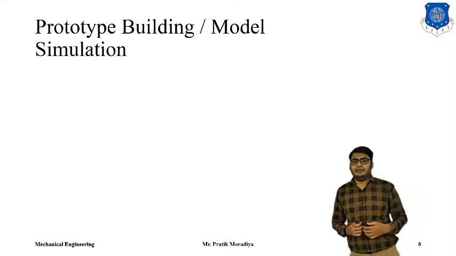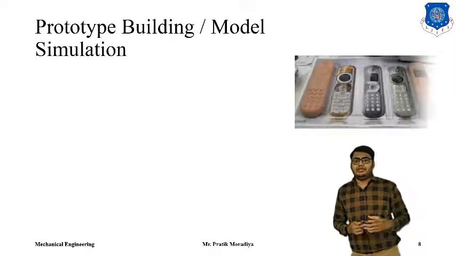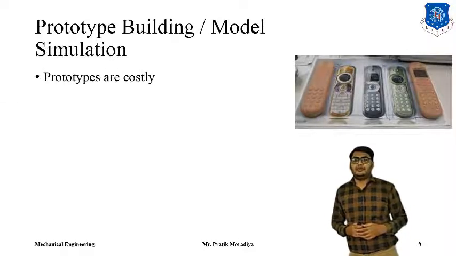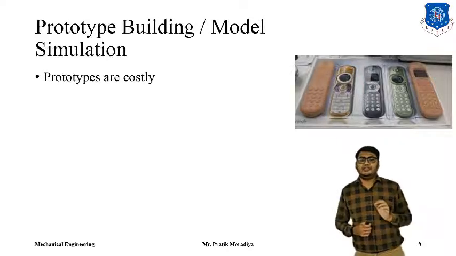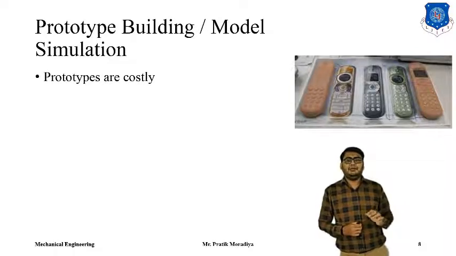After designing is complete, we will build a prototype or model to simulate. This is an example of a physical prototype, and those physical prototypes are very costly because we are only manufacturing a single part, and manufacturing of a single part, as you know, will be costly.